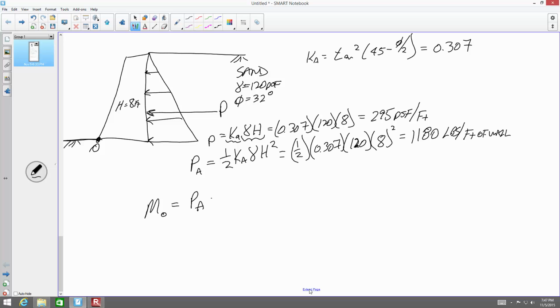What's its moment arm? H over 3, centroid of the triangle. So we get the 1180 times 8 over 3. And that'll crunch out to be 3,140 foot-pounds per foot of wall.